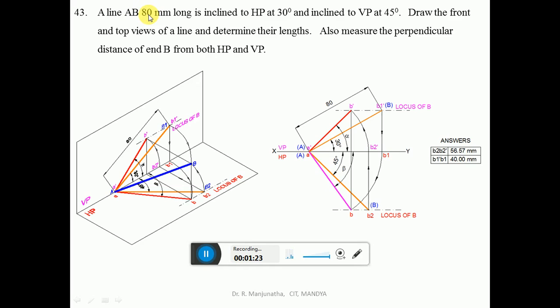The line AB means it is the true length. So it is 80 mm long, inclined to HP at 30 degrees. The inclination of the line with respect to HP is seen in VP.